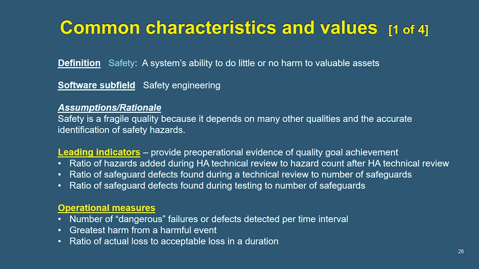Common characteristics. This is going to go relatively quickly. Behind every one of the 60 plus quality attributes, there are a set of characteristics. Now in the ISO standard, there's one: definition, name, end of story. That doesn't help you achieve, it doesn't help you verify, it doesn't help you monitor. Leading indicators and operational measures, right? These are things you can do to tell whether or not you've achieved something.